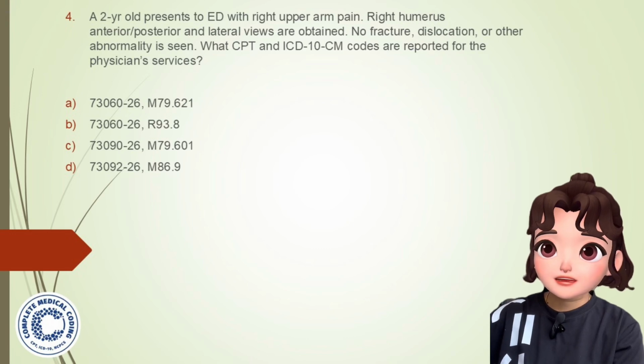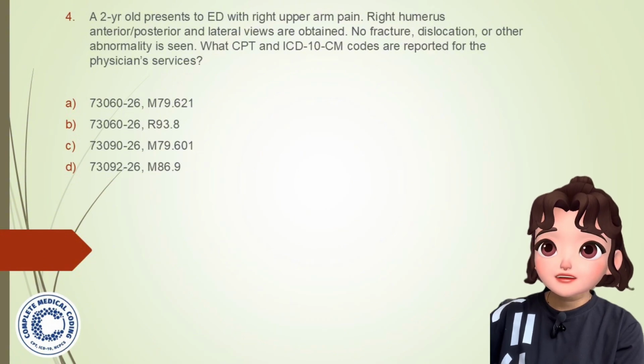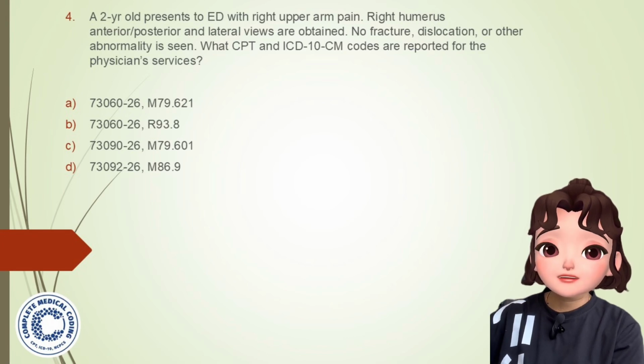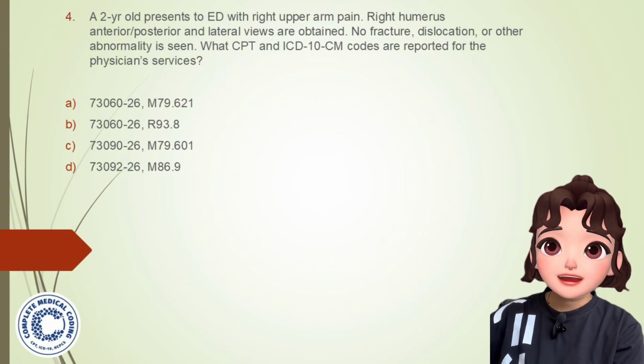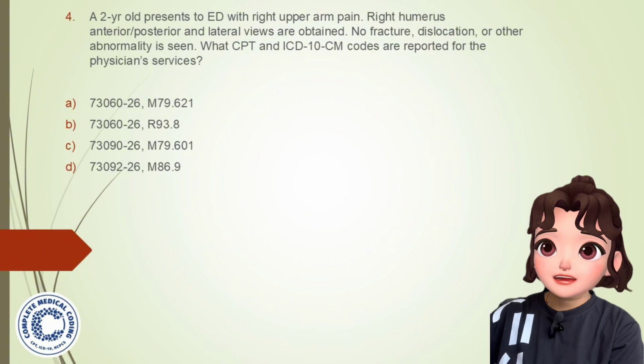Anyway, let's move to the options. What is the right upper arm pain diagnosis? We will find it out first. What is the first ICD code? M79.621. If you can see, that represents pain in right upper arm, which is what we need. If you look at the third option C, M79.601, it looks similar, right?